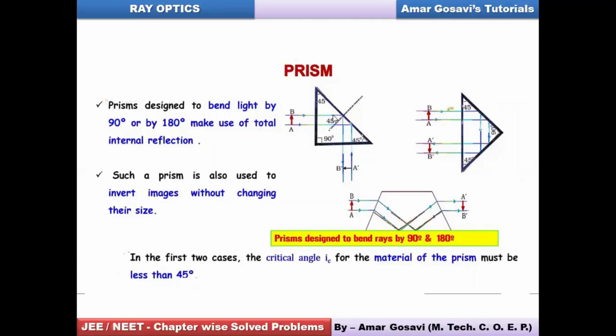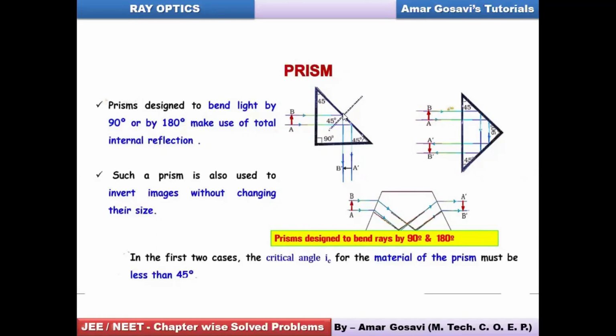Directly it will enter over here and it would reach the inclined edge. Now if I'm talking about the inclined edge, it's a right angle triangle prism basically. So this angle has to be 45 degrees, this angle is 90 degrees, this angle is again 45 degrees. You all know the combination.